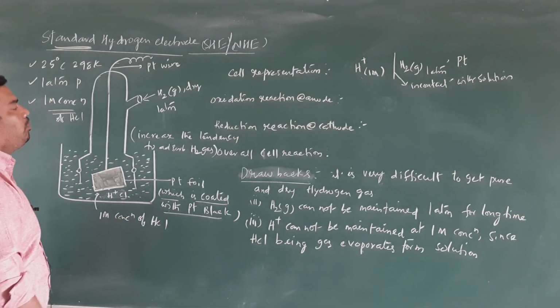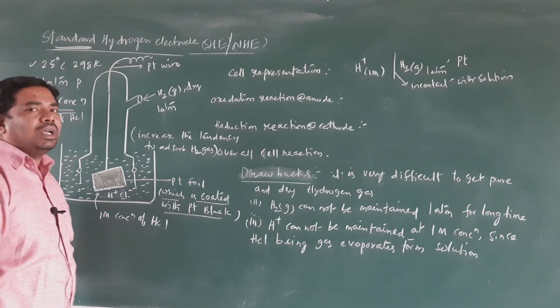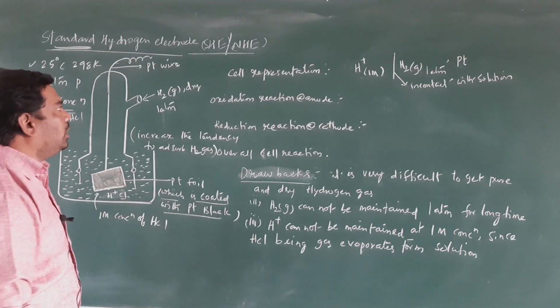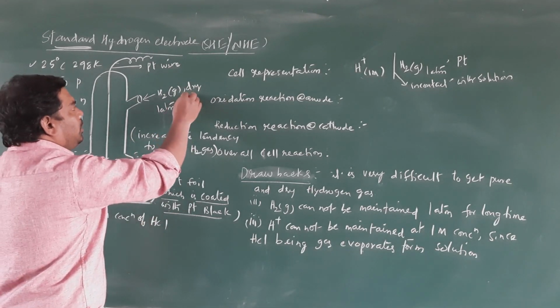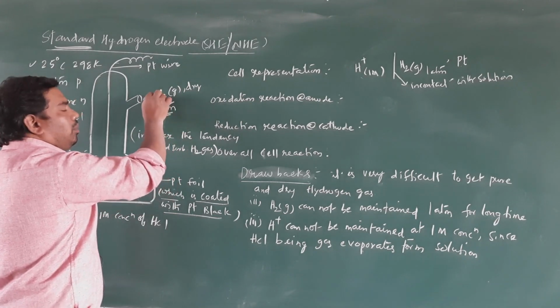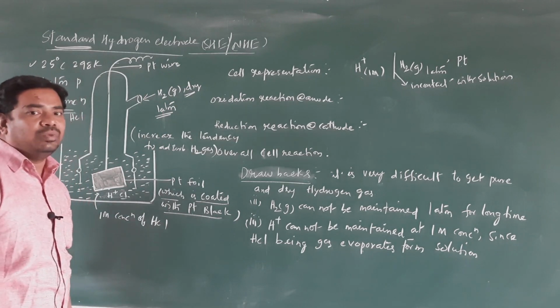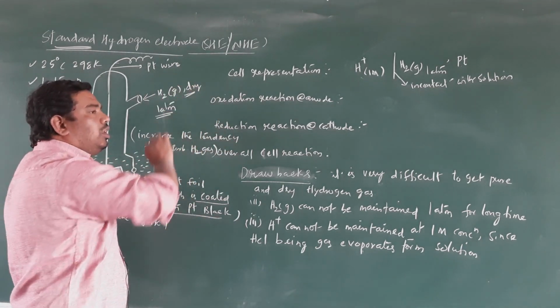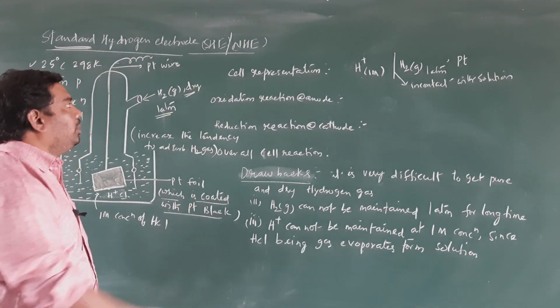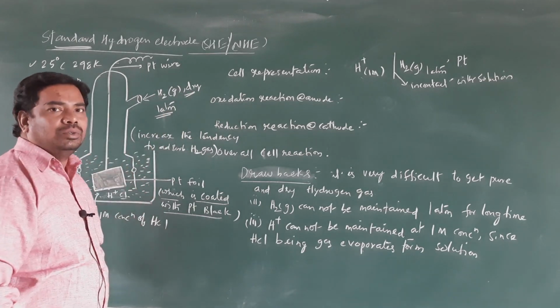The important thing in this construction of a standard hydrogen electrode is that we are introducing hydrogen gas at 1 atmosphere pressure under dry conditions. That is very, very important. The gas should not be present with moisture, so it is very difficult to maintain.